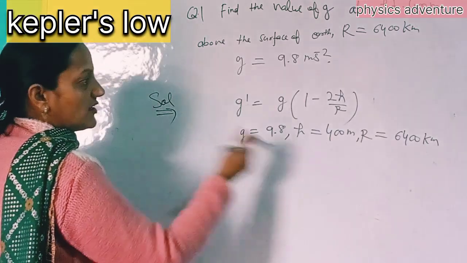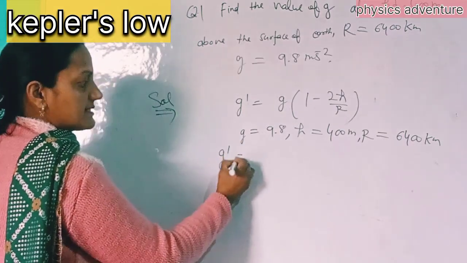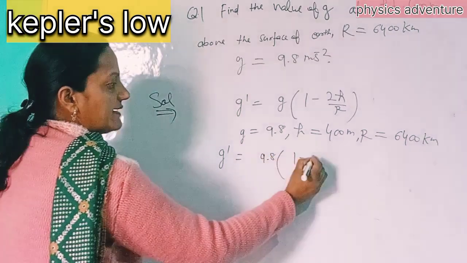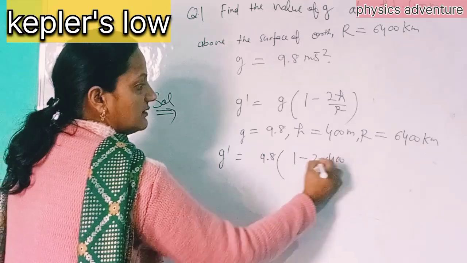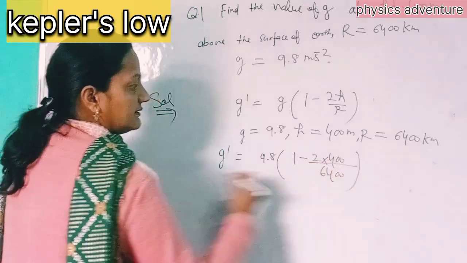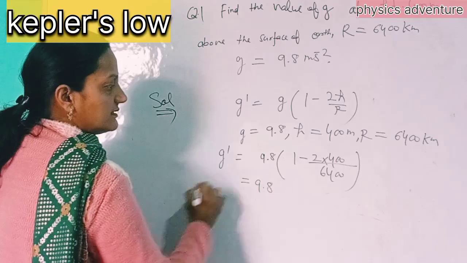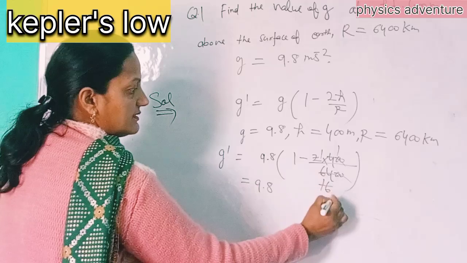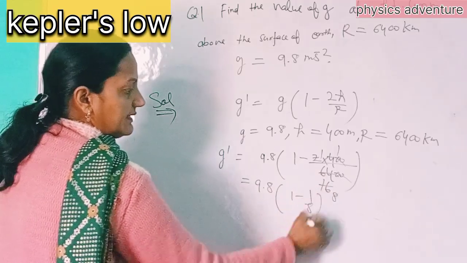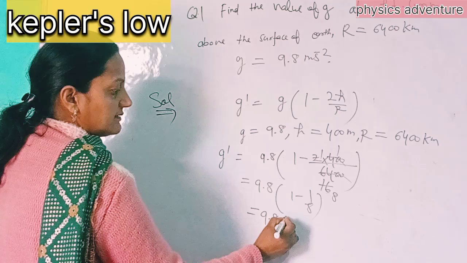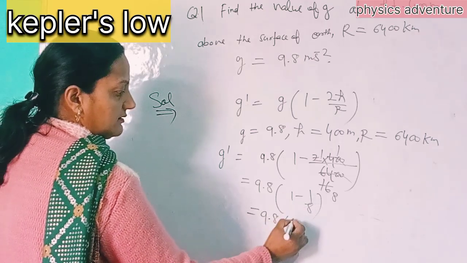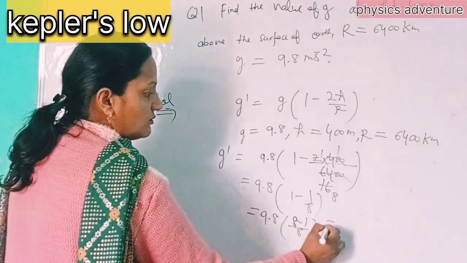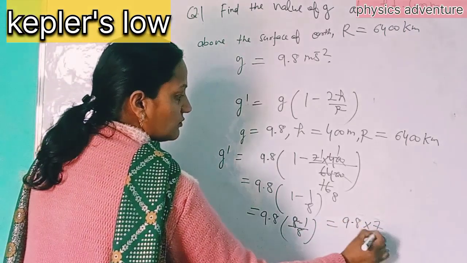We get g dash equal to 9.8 times 1 minus 2 times 400 over 6400, which is 9.8 times 1 minus 1 over 8. Take LCM: 9.8 times 7 over 8.